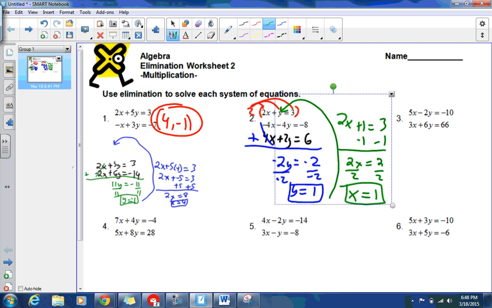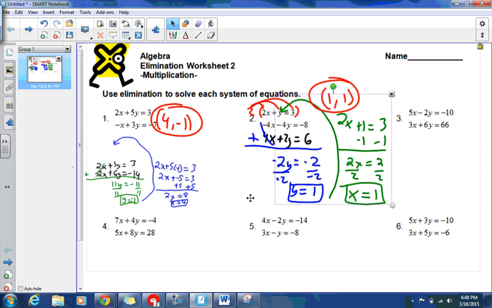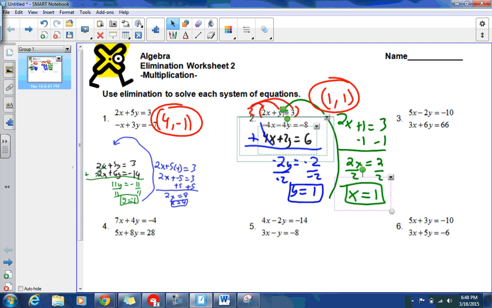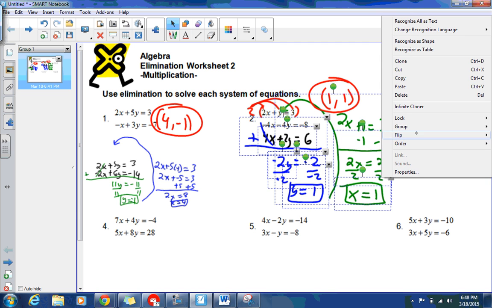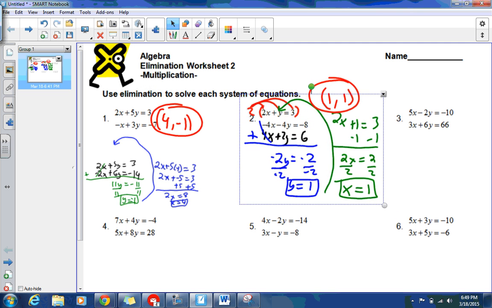So we have 1, 1 as our final solution for this one, and there you have it. I am going to minimize this as well.